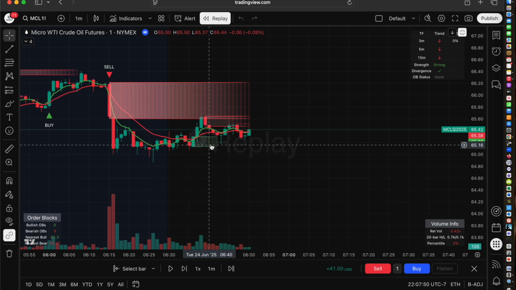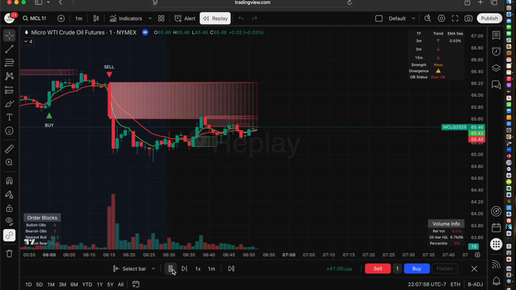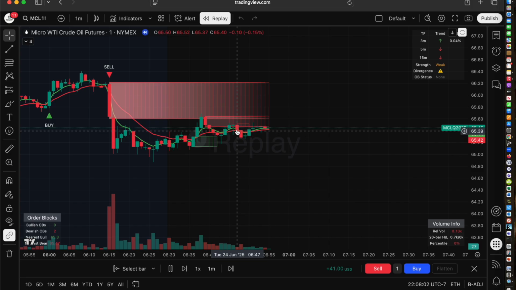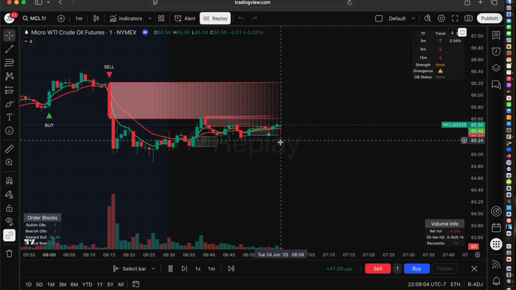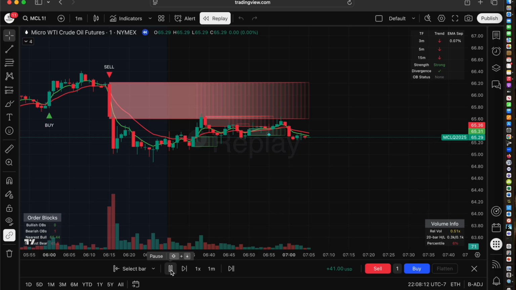So this is our support and resistance. See how we have a very narrow range right now. But we're looking for our next sell signal. Okay, we'll slow it down. We don't want to miss it.